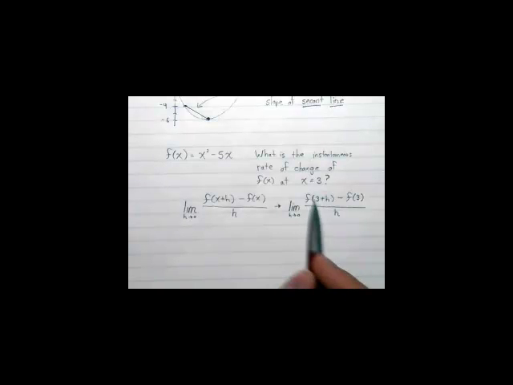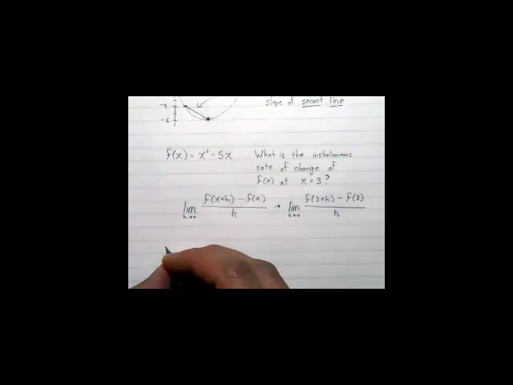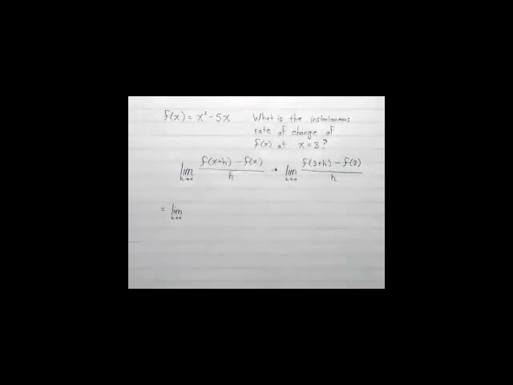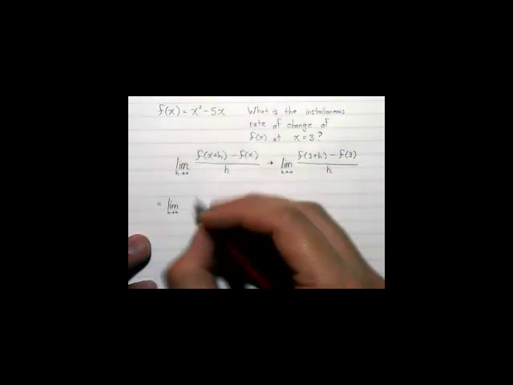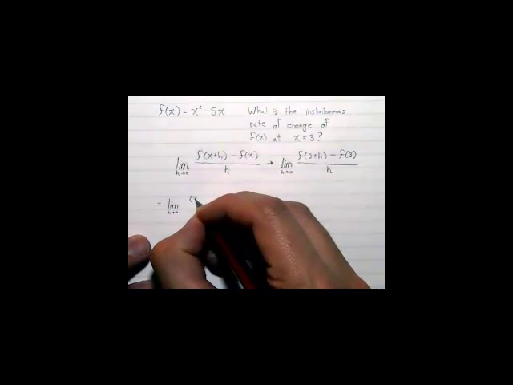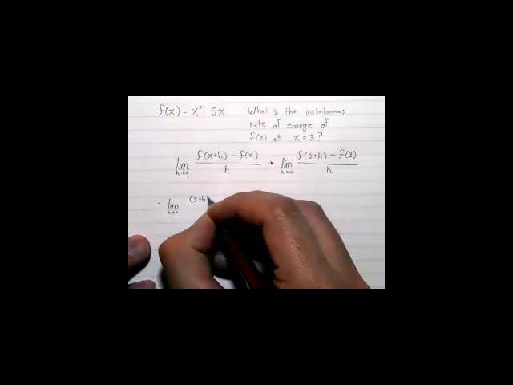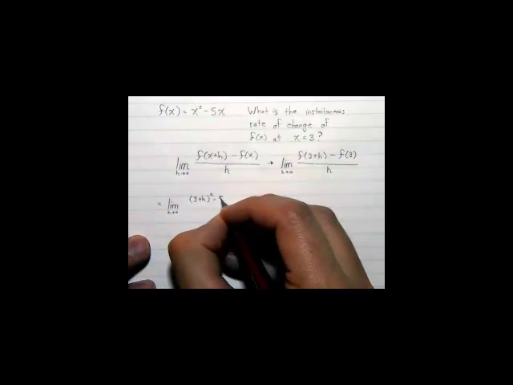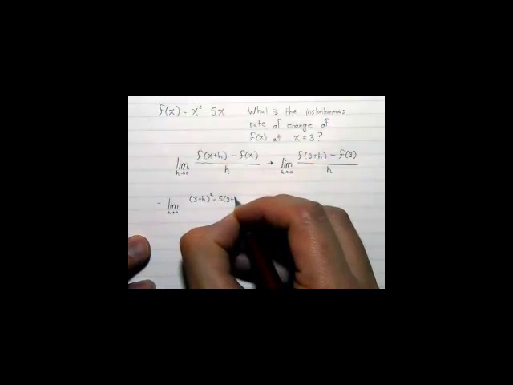So f of 3 plus h. All right, well, we've got to go to our function that we've got up top there and start plugging that stuff in. So that's going to be 3 plus h squared minus 5 times 3 plus h.